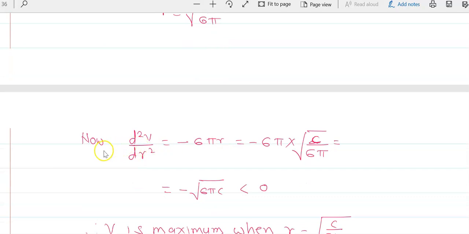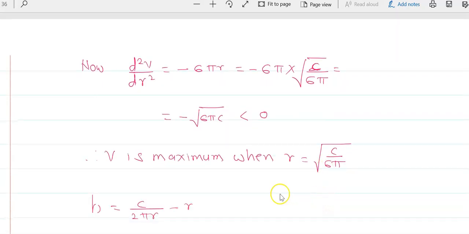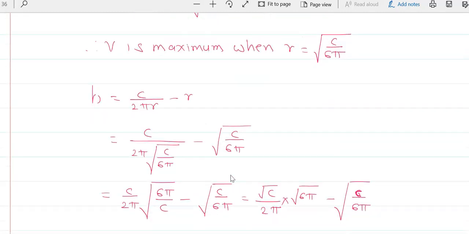Now next is d2v upon dr squared. If we substitute the value of r, it is negative, and v is a maximum when r is equal to the square root of c upon 6 pi. Now what is h? h is equal to c upon 2 pi r minus r. Hence, that is c upon 2 pi times the square root of 6 pi upon c, minus the square root of c upon 6 pi.